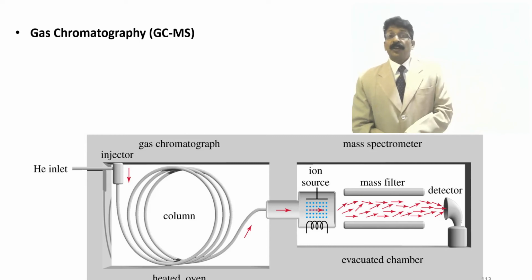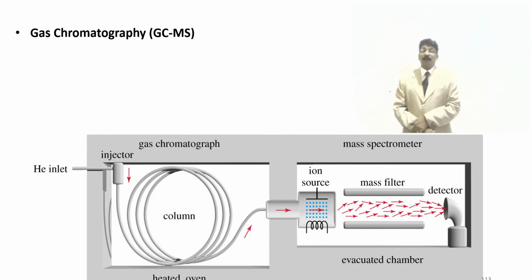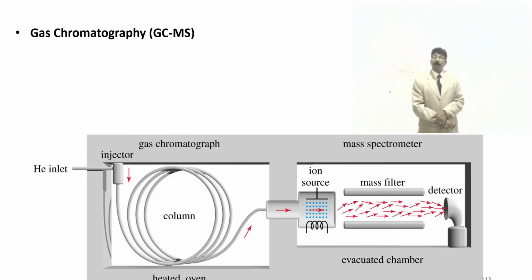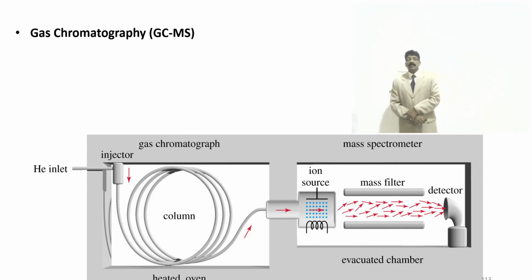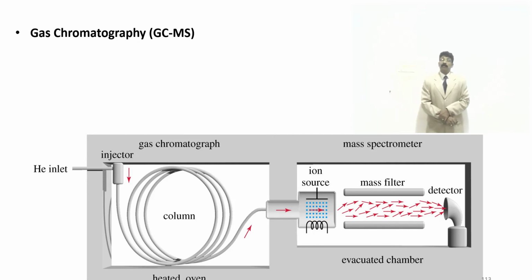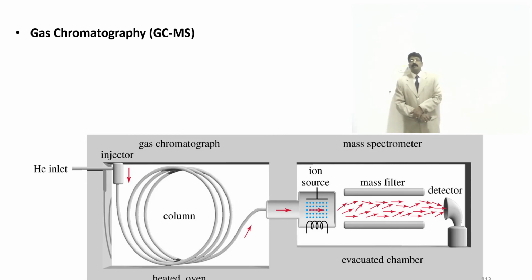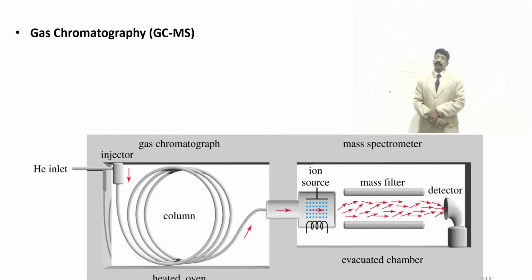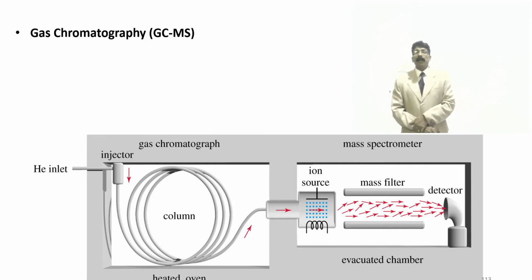You can see in the picture the inlet of helium as the mobile phase. The mobile phase is a gas, and it operates like partition chromatography, because gas and liquid have almost the same physicochemical properties when applied in various sectors.